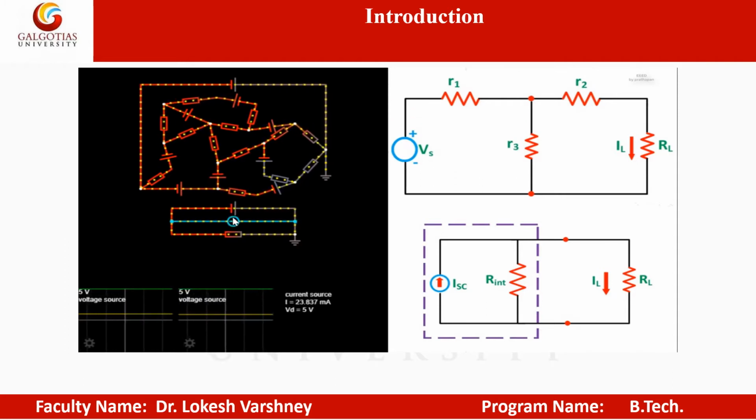The current source is the short circuit current across the load terminal and the resistance is the internal resistance of the source network. Norton's theorem reduces the network to a circuit having one current source, parallel resistance, and load.